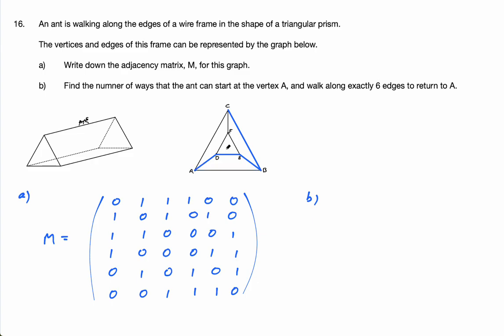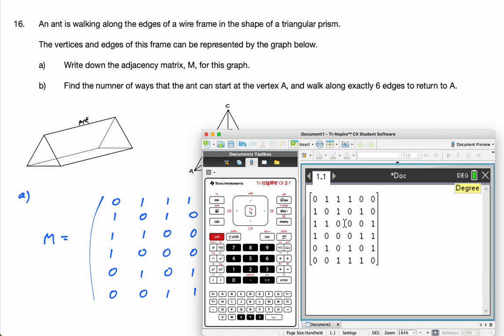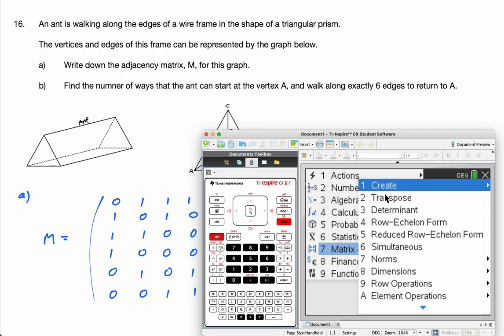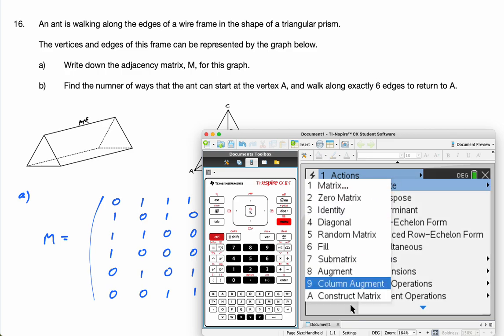In fact, there's loads of ways I could do that, many ways. How do I find out exactly how many ways? Well, I have to do M to the power of 6. So on my calculator, I have already set up this matrix, and I created the matrix by doing menu, matrix and vector, create matrix.